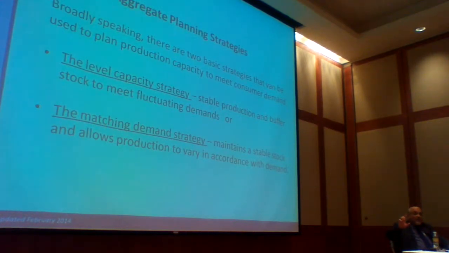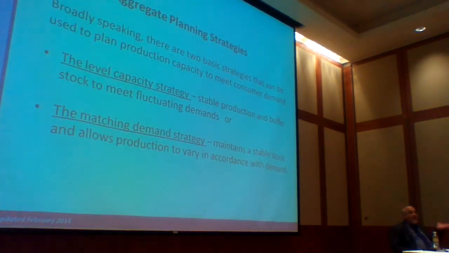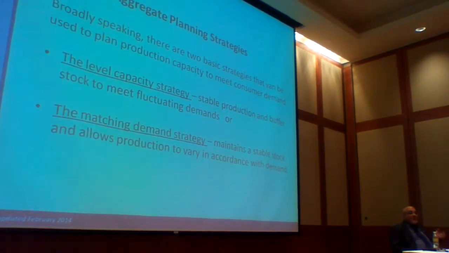You have a buffer stock in the store, but you have the same team with the same resources. They produce the same quantity every month. This is one strategy. But in some months there is higher demand. So what do you do? You use your buffer stock. The advantage of this is that your team doesn't change. It's the same team, the same resources.